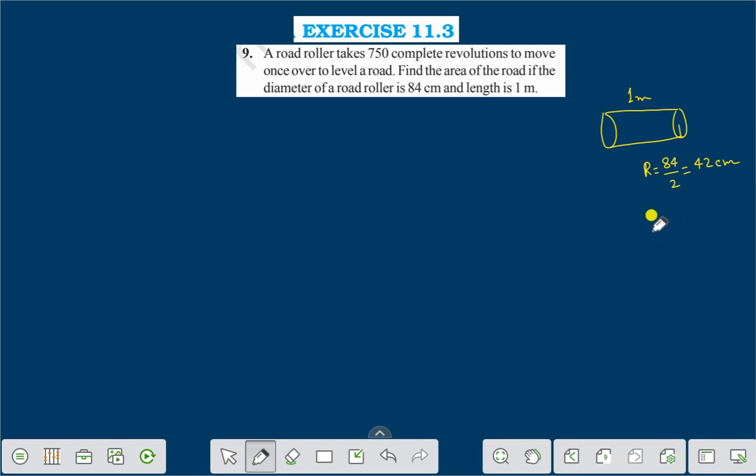If we change into meter, that is 42 by 100 meter. Therefore, radius is equal to 42 by 100 meter. Right? Let's solve.